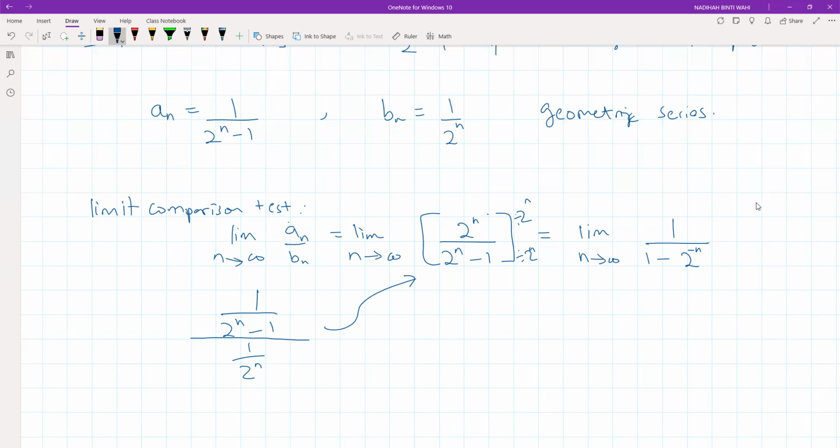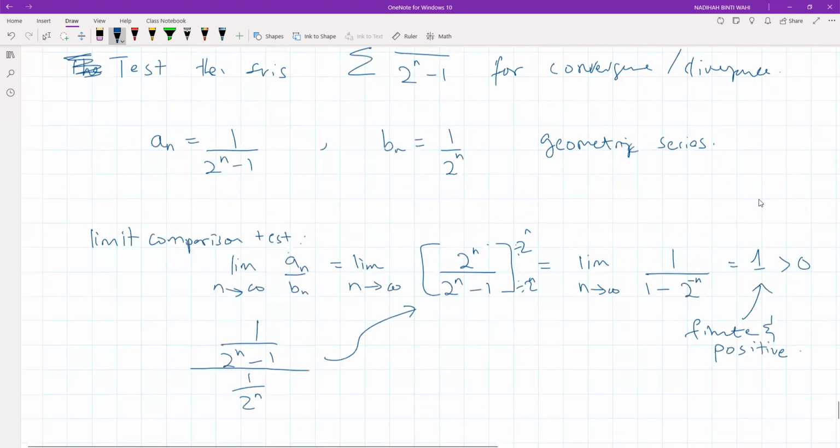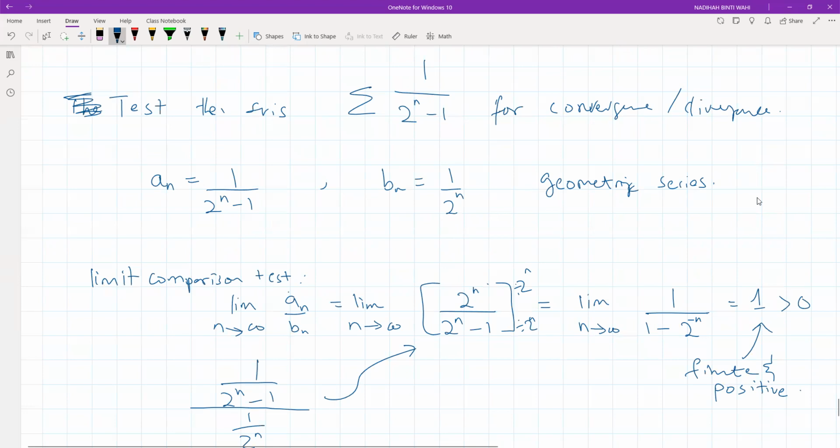Okay, so in this case this is equal to 1, which is positive. Since this is finite and positive, this one either converges or diverges together with the other, so it has a conclusion.